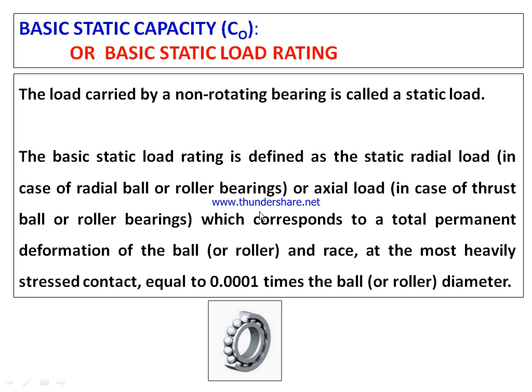So it is the static radial load which deforms permanently the ball or the roller and race, and if its magnitude is equal to 0.0001 times the diameter of the ball or roller, then it is the basic static load rating of a bearing.